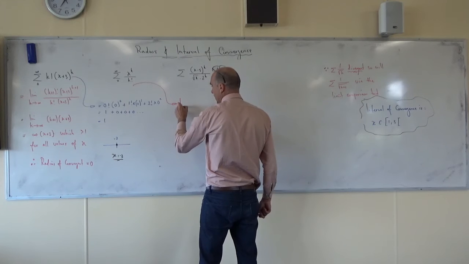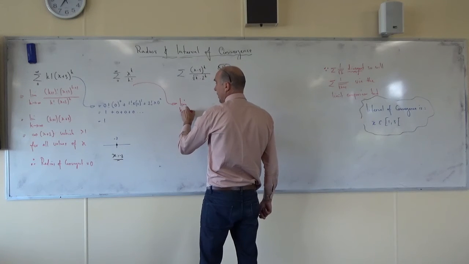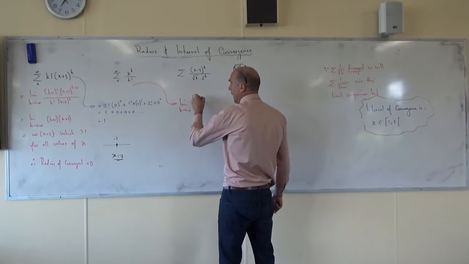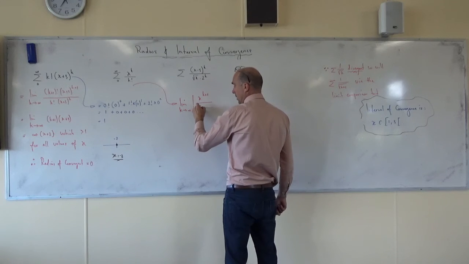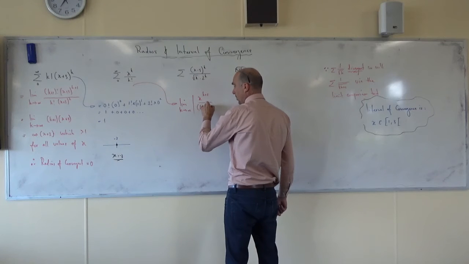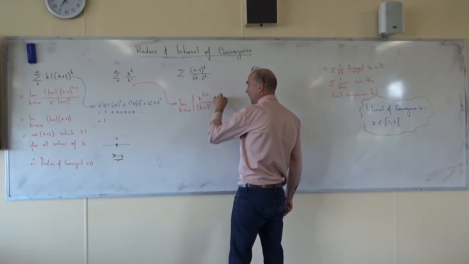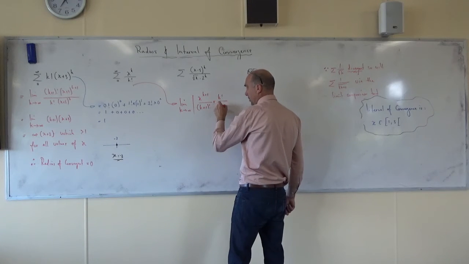The ratio test is the limit as k approaches infinity of x to the power of k plus 1 divided by k plus 1 factorial, multiplied by k factorial on x to the power of k.